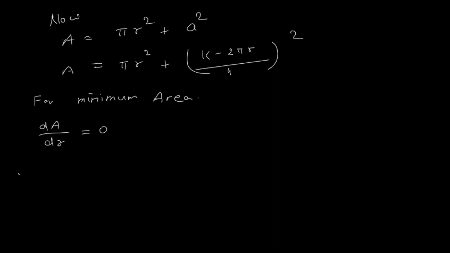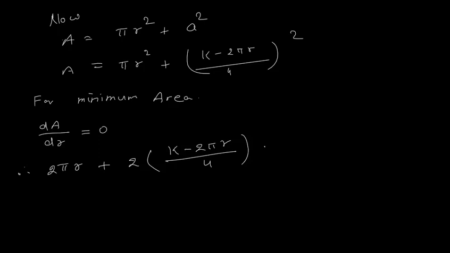So therefore we will differentiate area with respect to r. So I will get 2 pi r plus, here I have 2, this is a composite function, you know how to differentiate a composite function, (k minus 2 pi r) divided by 4 into, I will differentiate this inner term.